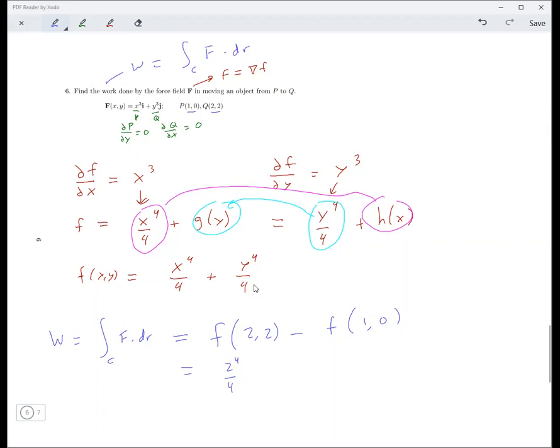You put this 2 in for y. That's 2 to the 4th over 4. Subtract. Put the 1 in for x here. That's 1 to the 4th over 4. 0 to the 4th over 4. 0 to the 4th over 4. This is 16 over 4. This is 16 over 4. That's 0. This is minus a 4th. So 16 plus 16 is 32, minus 1 is 31. So 31 over 4.